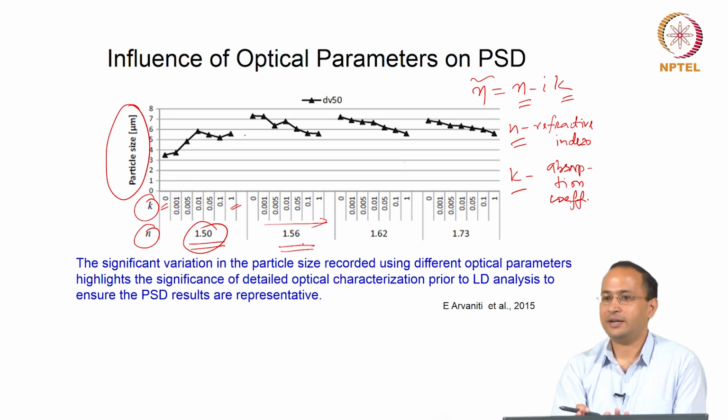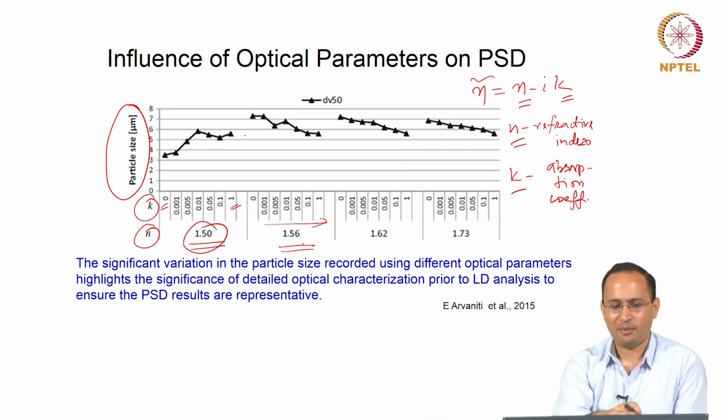The point is, it is important to pay attention to these model parameters like optical parameters. When you do a particle size distribution experiment, you have to choose appropriate values. N is normally easy to find because for the refractive index you can use a database, but K, for example, is not that easy to find.